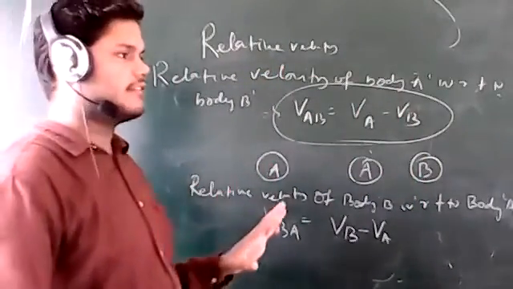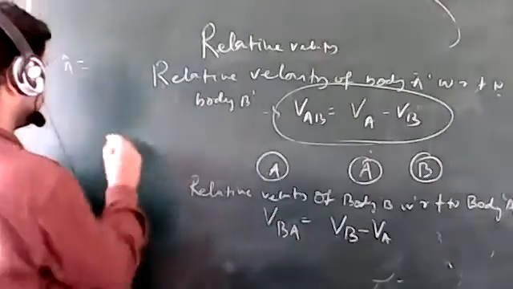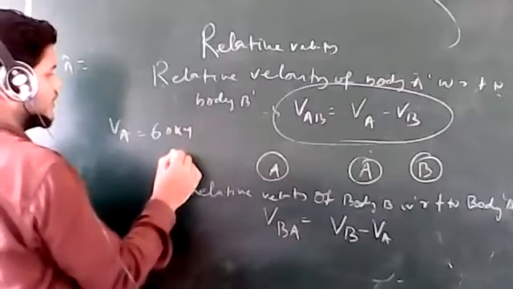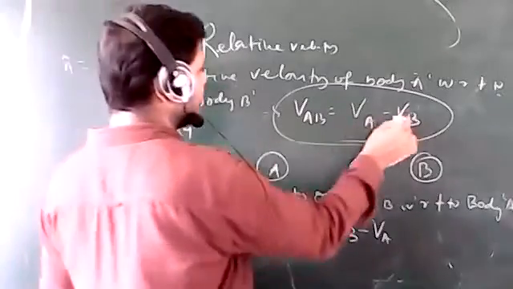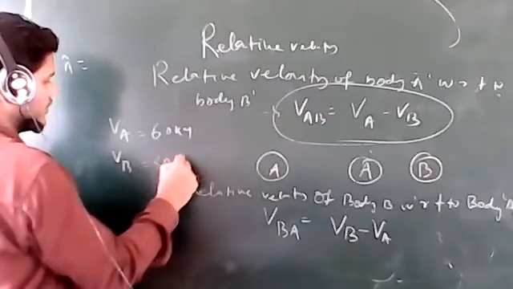If the first body is moving with a higher speed, VA will be 60 km/h and VB will be 20 or 30 km/h.